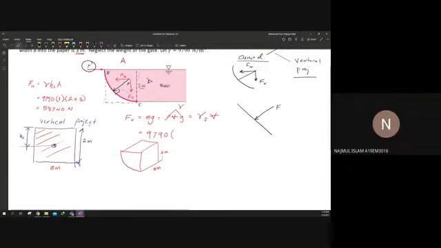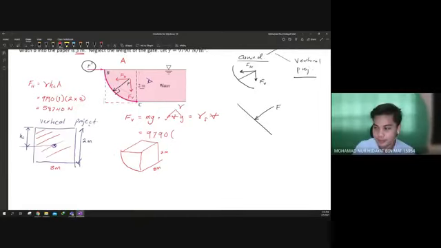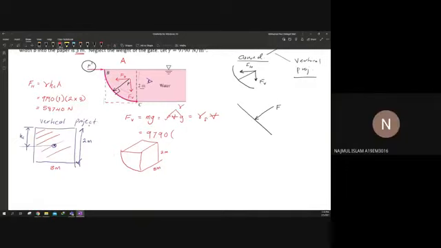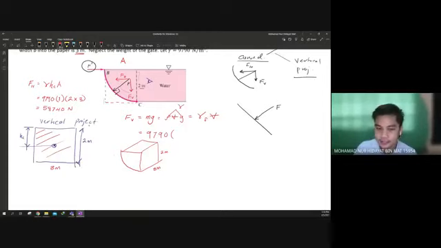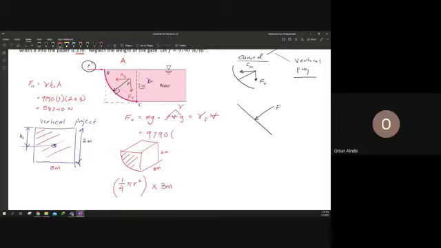Volume of quarter of circle. Yes, multiply with... that is not volume of quarter circle. The area of quarter circle multiplied with the perpendicular. Yes, so you must find the area here first. So this is area of quarter circle, which is 1/4 of a circle. Circle is pi r squared. Multiply with 3 meter. This one.